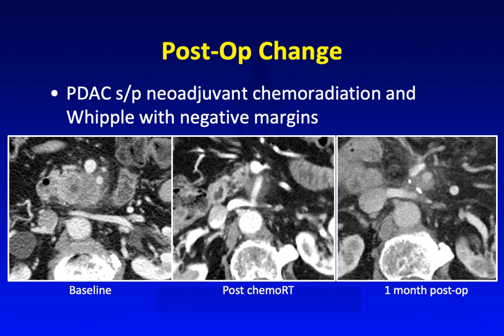And this is the 1-month post-op, and you see a little bit of soft tissue near the SMA. Given that the patient had negative resection margins at surgery, this soft tissue is likely due to just normal postoperative findings, but we'll need to follow up to tell whether this is post-op changes or if there could be recurrent disease.